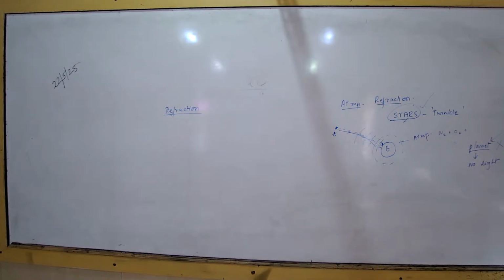Put it in brackets, VIBGYOR, different colors. Close the bracket. Reach the observer.